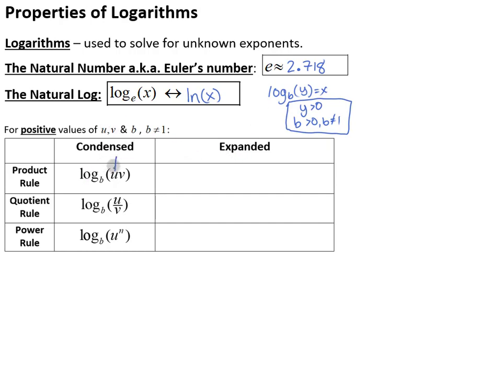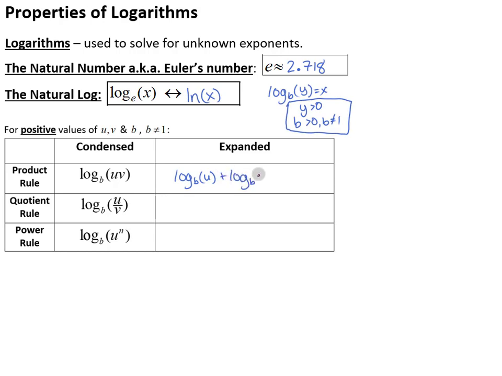So for positive values inside of our logarithm, u and v, and positive value of b where our base does not equal 1, so that actually just comes from our normal logarithm, we have what is known as the product rule. If you have 2 values being multiplied inside of a logarithm, you can expand them out as 2 separate logarithms being added together.